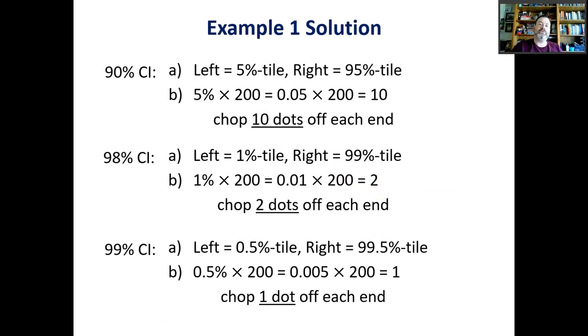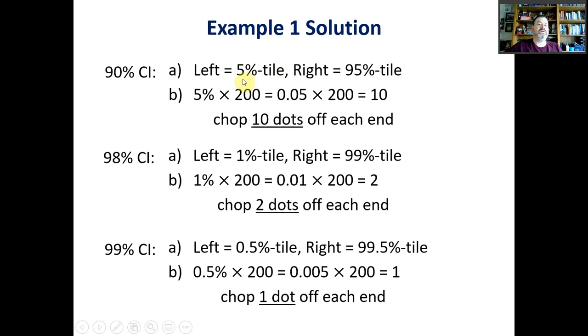Before we go any farther, I do want to point something out. There are some tricky problems on the homework that have to do with this. In order to keep this video remotely short, I'm going to let you figure that out, but I'm going to tell you what happens. You still need to figure out the percentiles first. But instead of counting dots, you will be given a chart with the percentiles listed. Just pick the values that correspond to the percentiles.